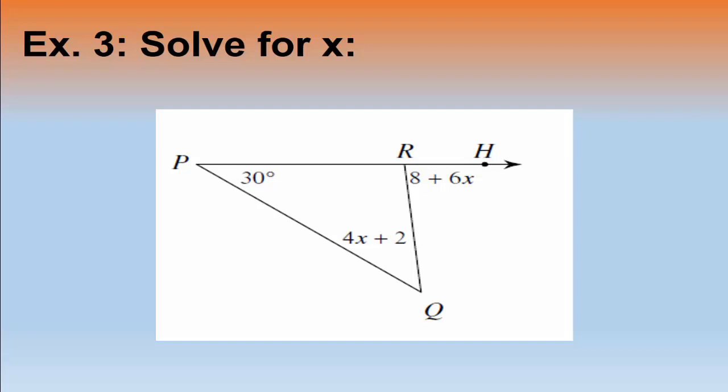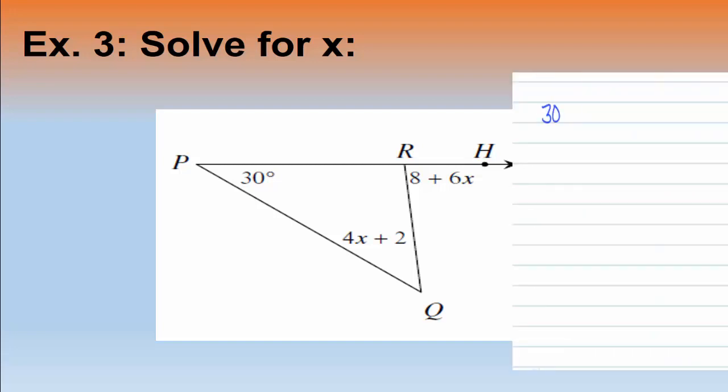So we're going to have 30 degrees plus 4x plus 2. Those are the two values of my interior angles, and they will equal the exterior angle. And in this case, the exterior angle is 8 plus 6x.